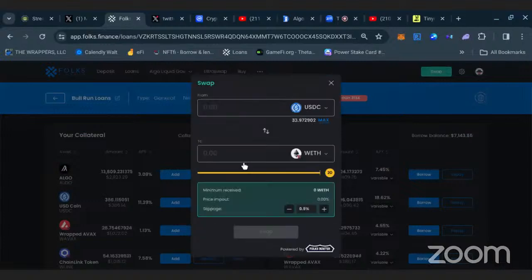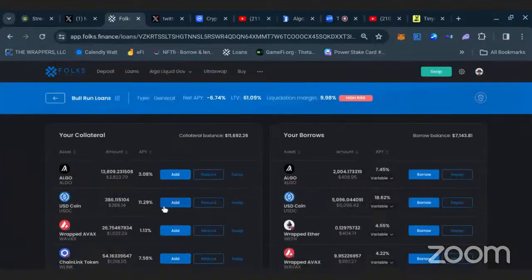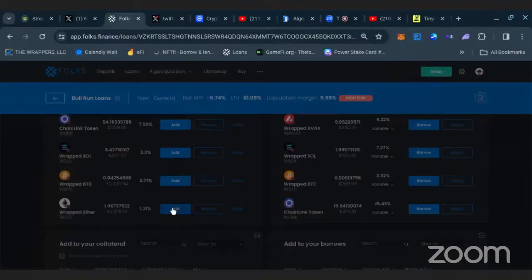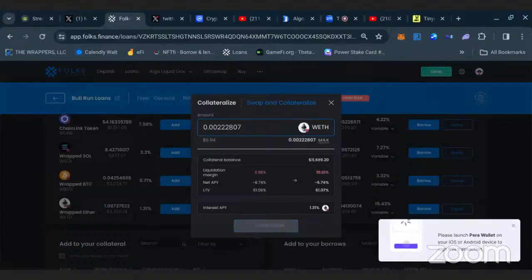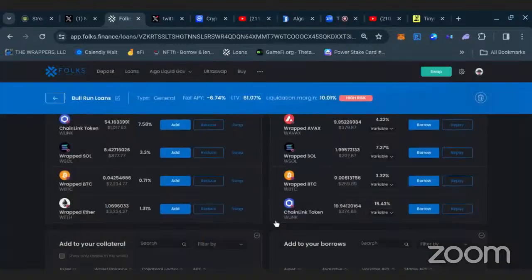Bam. So swap. And now I'm going to add $7 more to my Ethereum. And when the price of Ethereum goes up, that $7 that I just got is going to be growing for me.